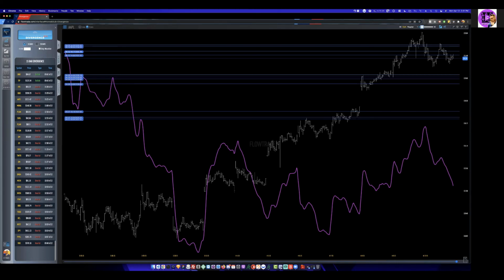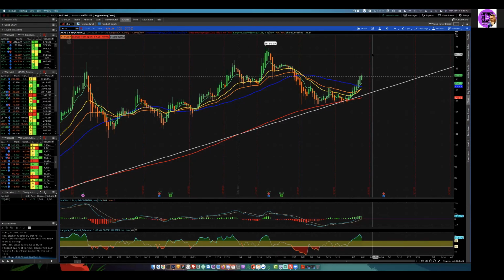Looks as though it made the high that it wanted to, came down, found some support, but rather than coming down and finding support and continuing on, right, it's selling off. So with using the block trade or the Dark Pool Algo as my guide, it's a predictive indicator letting me know what large institutional money is doing. You know, institutional money is selling Apple right now.